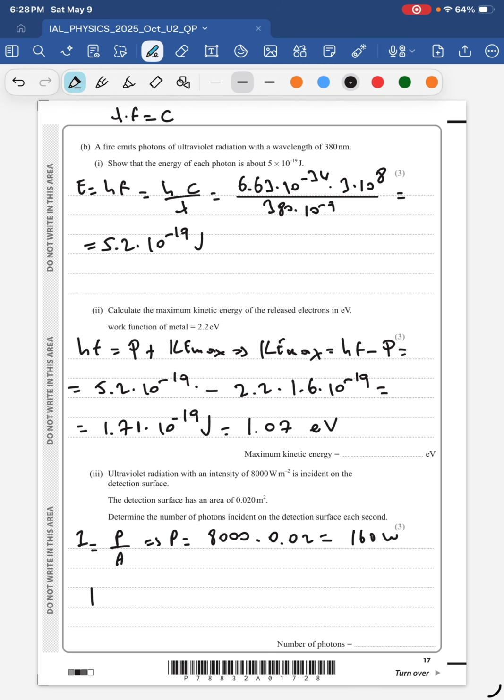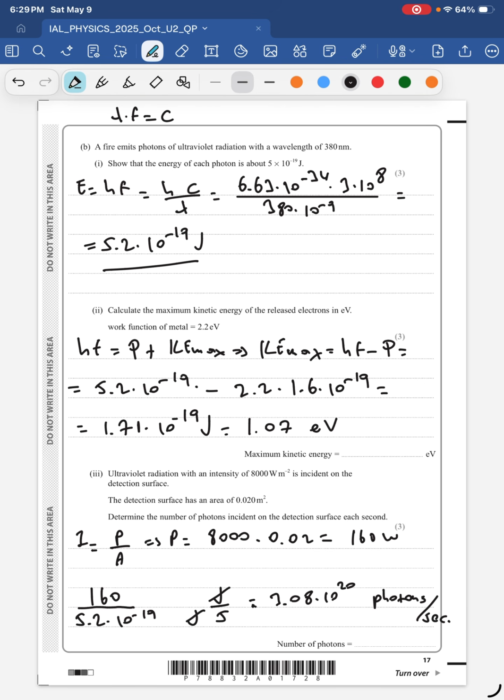Watts are joules per second. If we divide 160 watts by the energy of one photon, which is 5.2 times 10 to the negative 19 joules, we will find the number of photons incident on the detection surface per second. This gives you a very large number, 3.08 times 10 to the 20 photons per second.